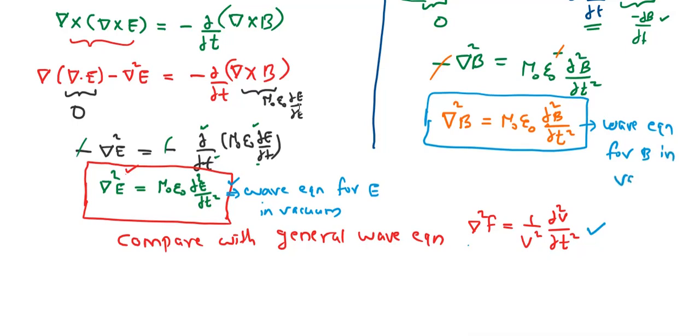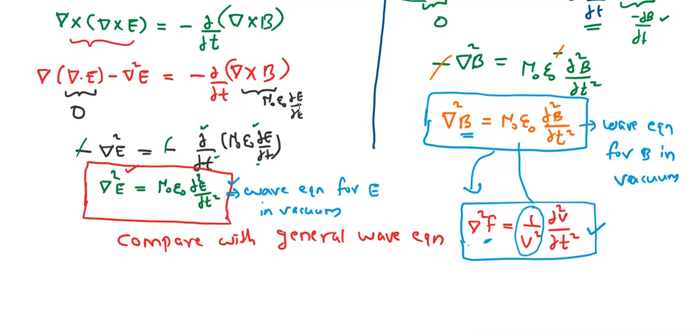In vacuum, because if you compare this expression also with the standard wave equation, then it will be clear that instead of F we have B here, and instead of 1 by V square we have mu 0 epsilon 0 here.